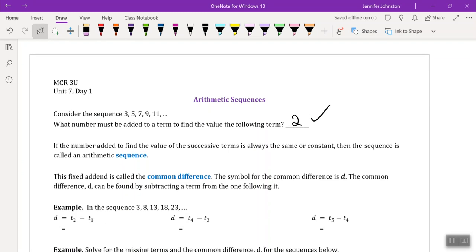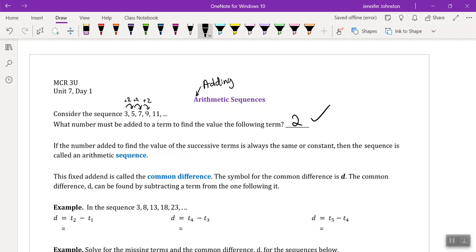If the number added to find consecutive terms is always the same, or constant, so you're always finding that 2, right, or it's always jumping by 2 or adding 2 each time, then it is considered arithmetic, for adding. Arithmetic could be adding or subtracting here.